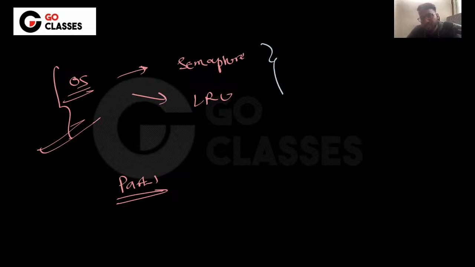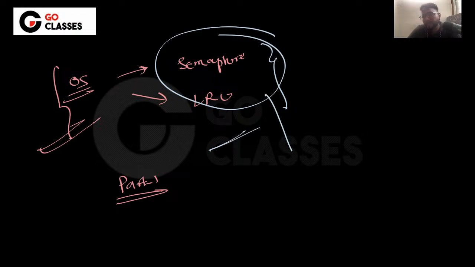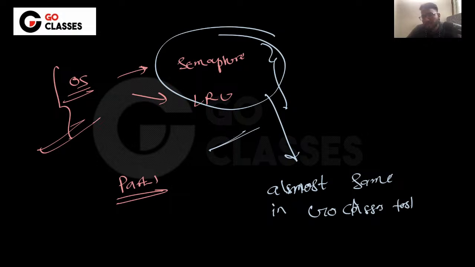These were just easy questions, and we have already done them in part 1. The semaphore and LRU questions are very standard, and we also have almost the same questions, even trickier ones, in the GO Classes test series. Let me know if anyone has solved these questions.